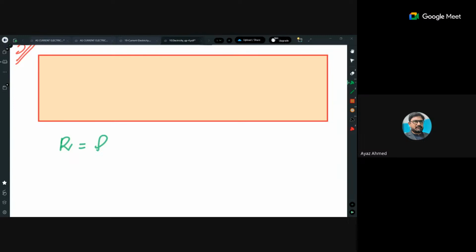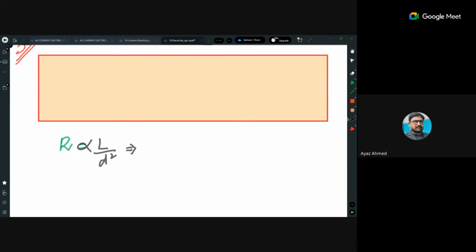Okay. So I was discussing that resistance is directly proportional to length and inversely proportional to square of diameter, right? So I have given you a master equation for that.